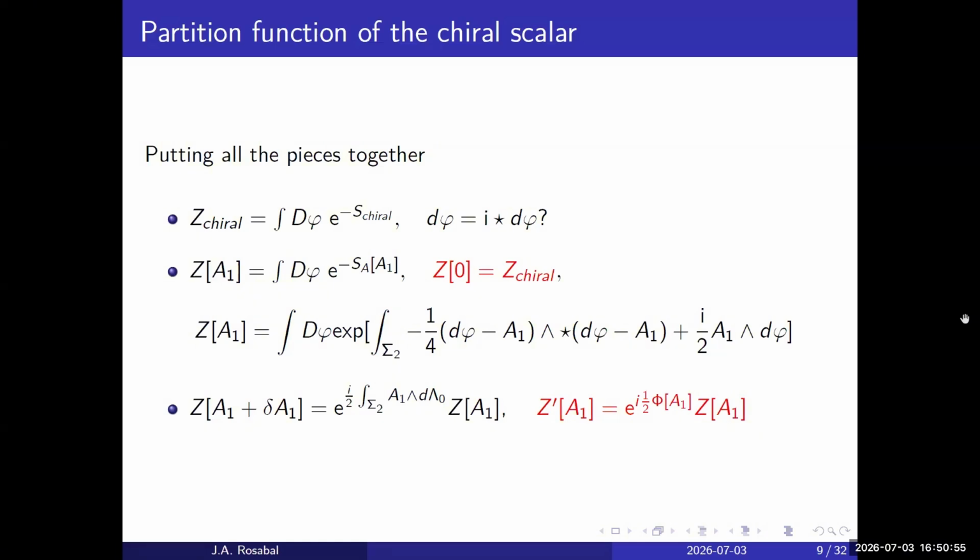We don't know what to do in the quantum version of this theory with this condition. So I want to compute the partition function of this, but I don't know what the meaning of this condition is for this partition function, because I cannot impose this condition directly here. If you impose it, you get just one.